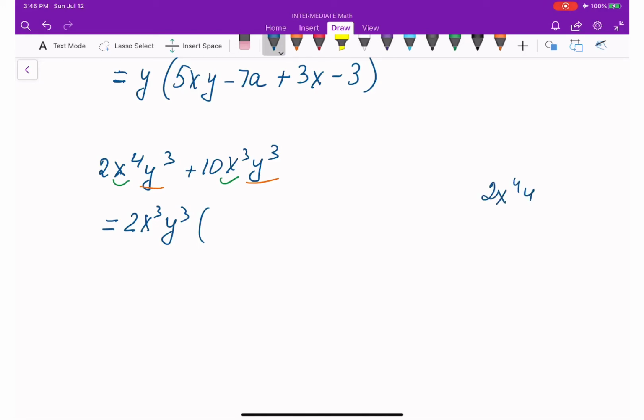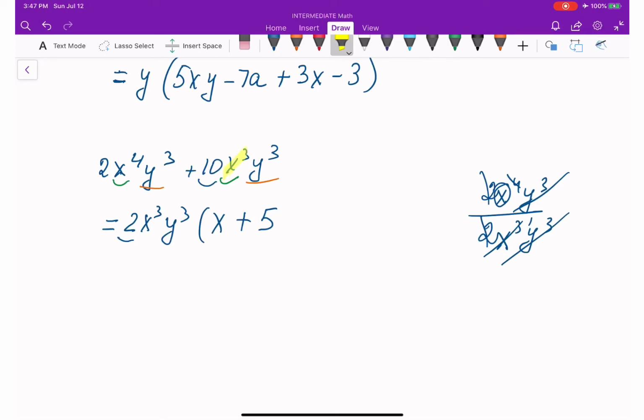Okay, what do we have? 2x^4y^3 divided by 2x^3y^3. y cubed is gone with this y cubed, 2 and 2 is gone. So x^3 will be 1, and here will be left only 1x. And plus, let's see, 10 divided by 2, it's going to be 5. And then x cubed will be cancelled with this x cubed, right?